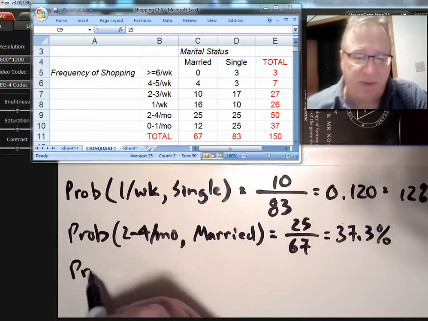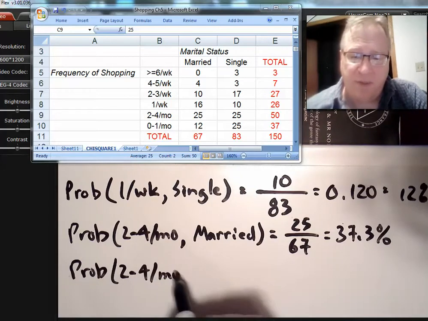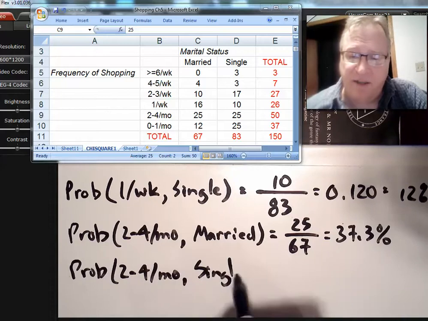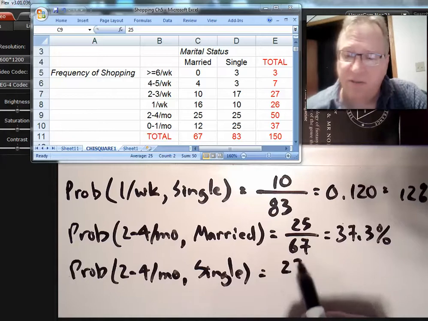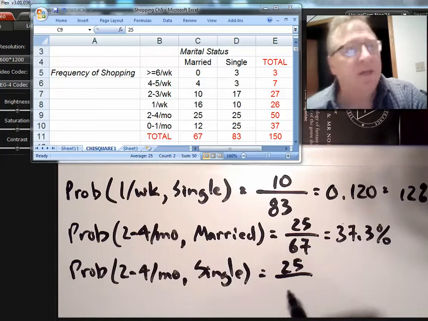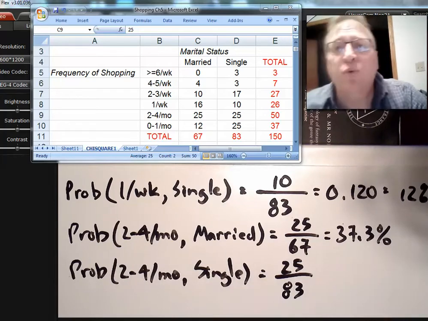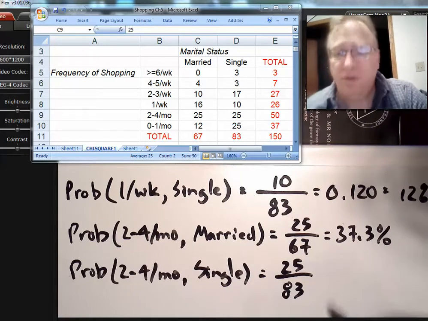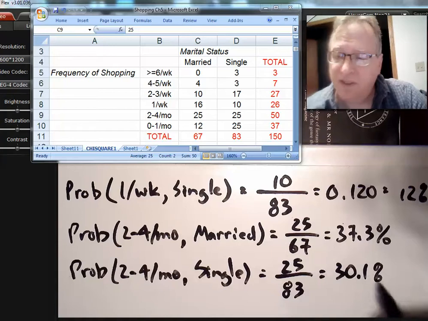And the probability that you go to the mall 2 to 4 times per month, but you are single, is a different story. Yes, 25 people reported they do. We have 25 favorable outcomes, but there was a total of 83 people in our survey who were single. 25 83rds is magically equal to 30.1%.